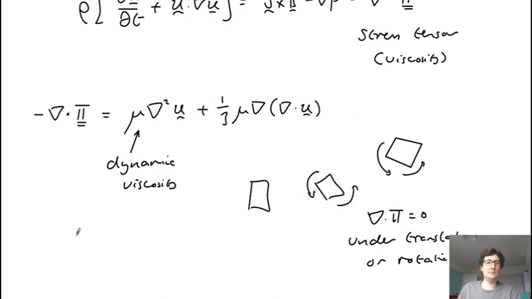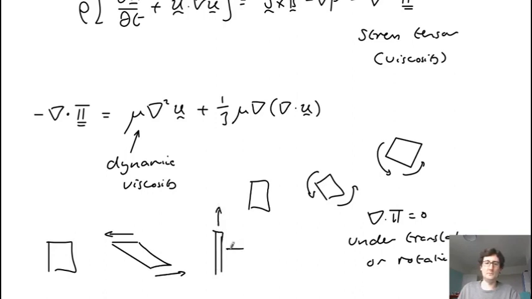If you, on the contrary, are actually deforming the fluid element, so you start with a fluid element which is, let's call it, a square, and then deform it, so you have some kind of shearing motion, which is like this, or stretching it maybe, so you're doing something like that.